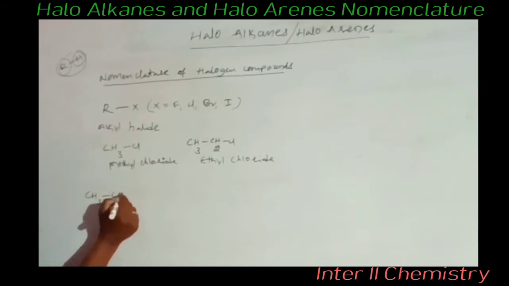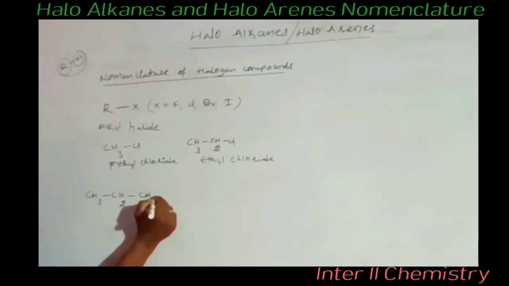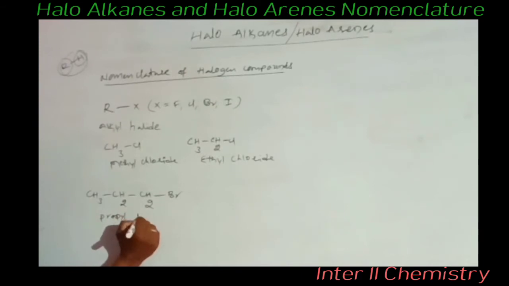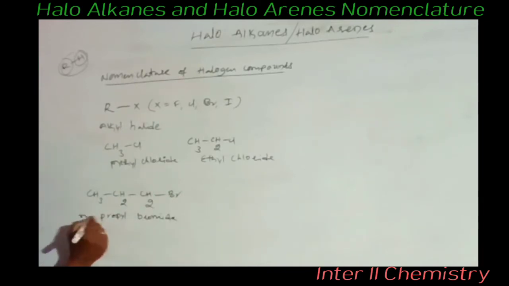As we can write, suppose CH3CH2CH2 with bromine. It is propyl bromide, a common name, or it is also called normal propyl bromide.